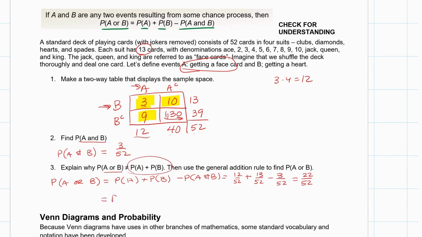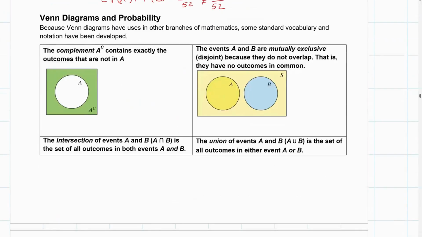Well, the probability of A plus the probability of B ends up being 12 plus 13 out of 52. But again, we double counted the overlap between the two groups. We double counted that 3. So that's the reason why they don't add up properly.